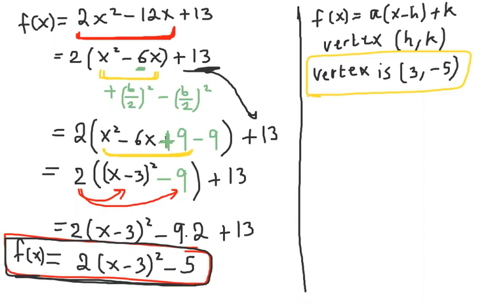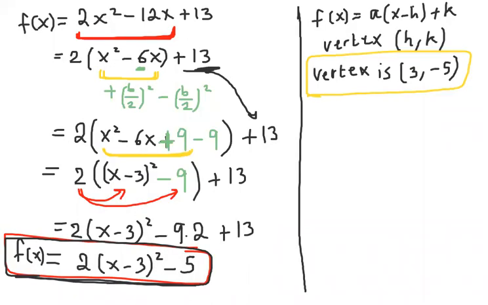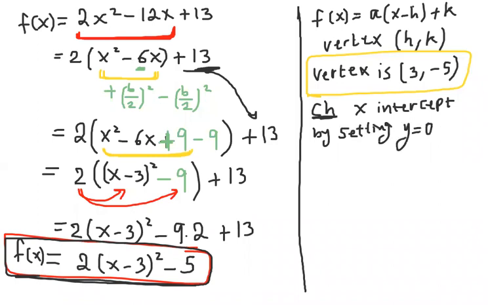The third part of the question is asking about the x and y intercepts. From chapter 1 or 2, the x-intercept is found by setting y equals 0, and the y-intercept is found by setting x equals 0.